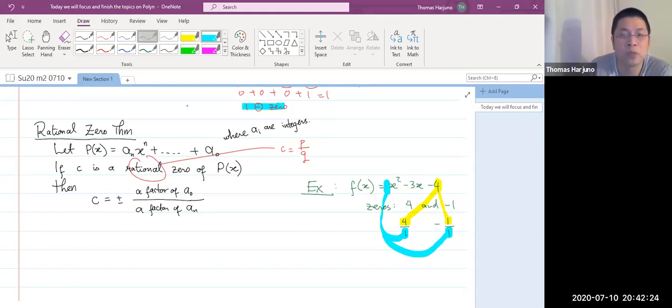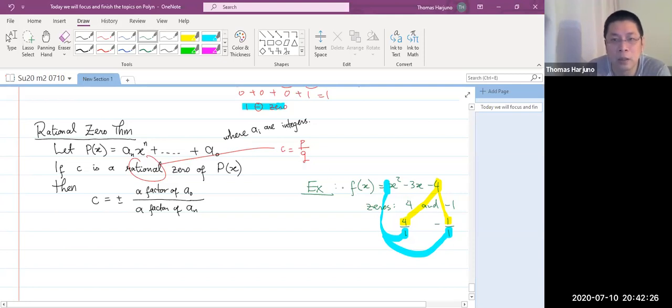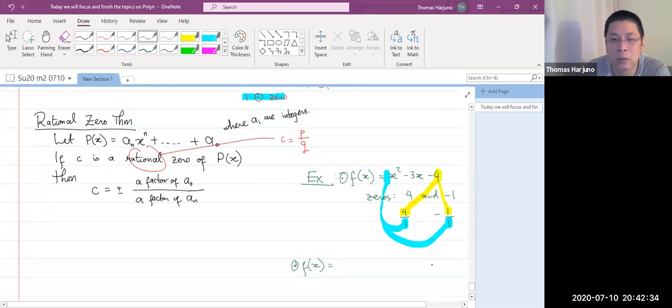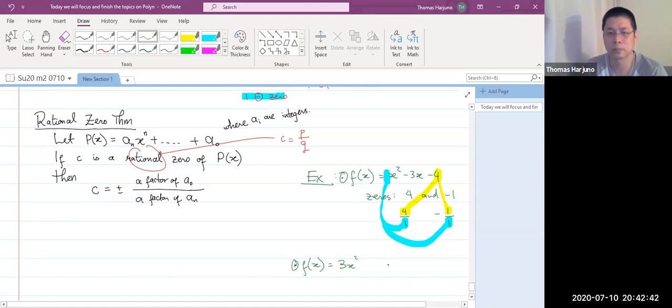Another one. Let's say f of x equals 3x squared minus 8x plus 4.